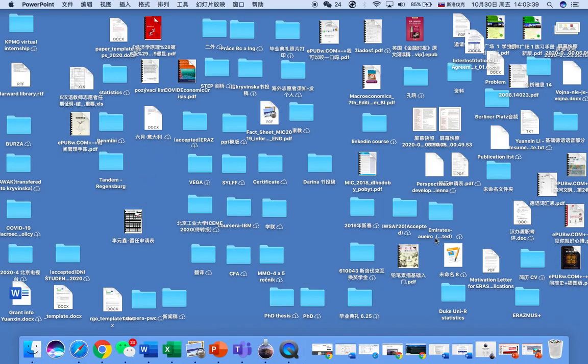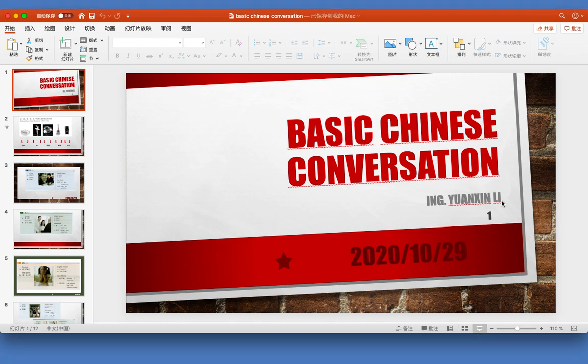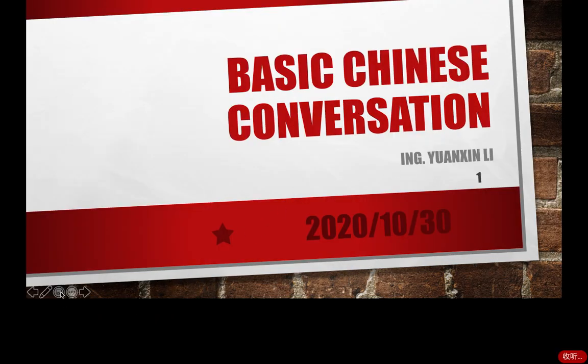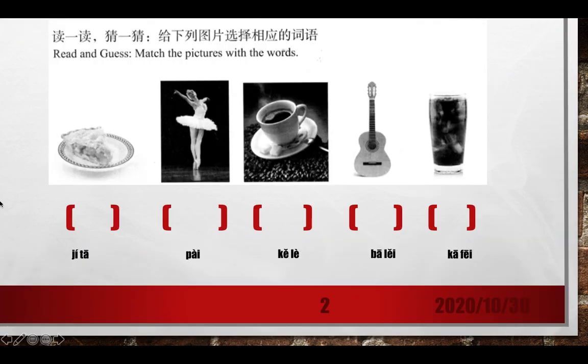Wonderful. Now, let's move on to the second part of this lecture, in which we are going to learn some new words and very useful conversation. Great. So let's start. First, I would like to show you 5 pictures with 5 words.